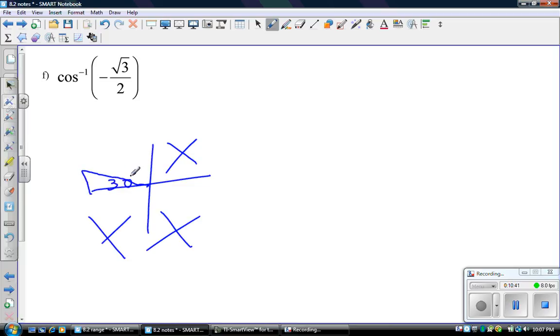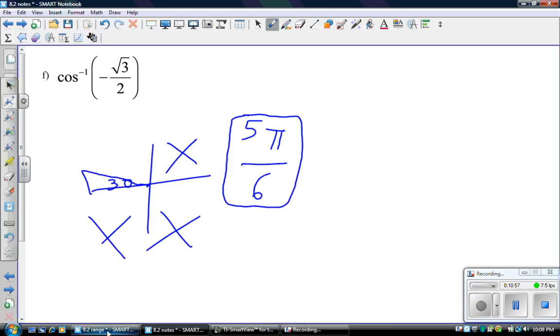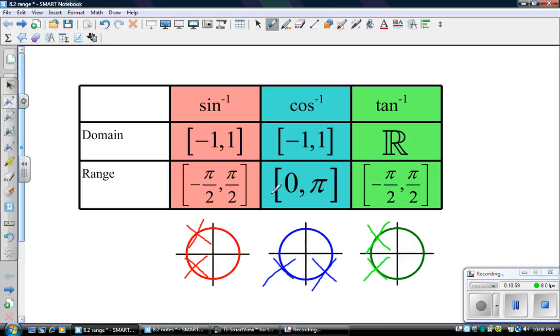That's 30. And I go, okay, well, what is that angle? That's 1, 2, 3, 4, 5 pi over 6. And again, 5 pi over 6 is between 0 and pi, so it does work. It is in that range.